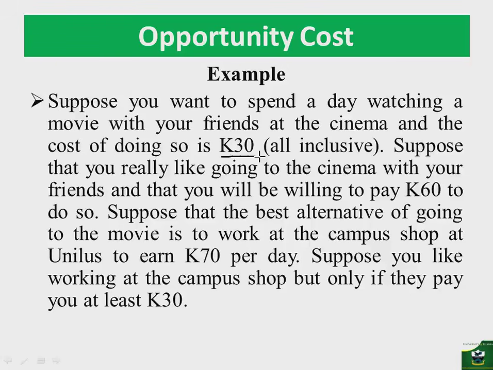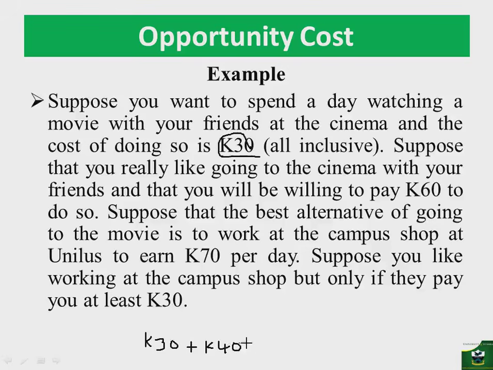If you take into account this opportunity cost, then the cost of going for a movie with your friends is 70. That is, you have the 30 kwacha explicit cost plus the value of working at the campus shop, which is 40 kwacha, the one we just calculated in the first part of this question.